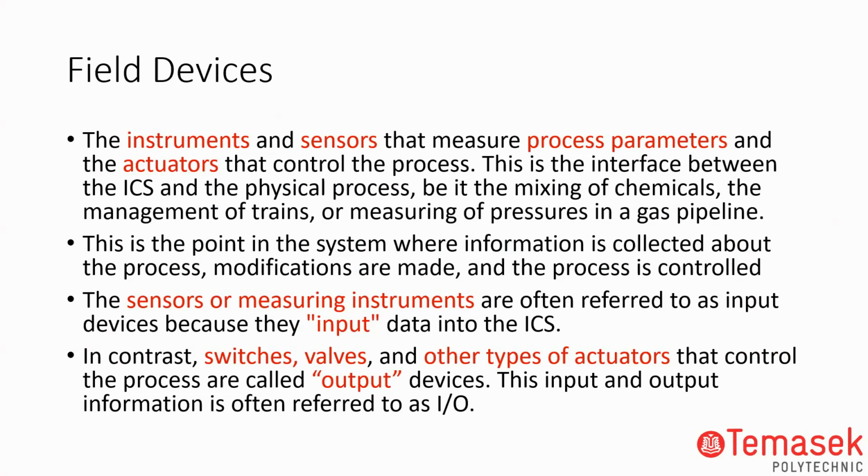Next, field devices. When we talk about field devices, we have to talk about the controller. The controller controls or receives information from the field devices. So where do they get the information from? They get it from sensors, which we sometimes call instruments. What we actually mean by sensor here is a transducer.